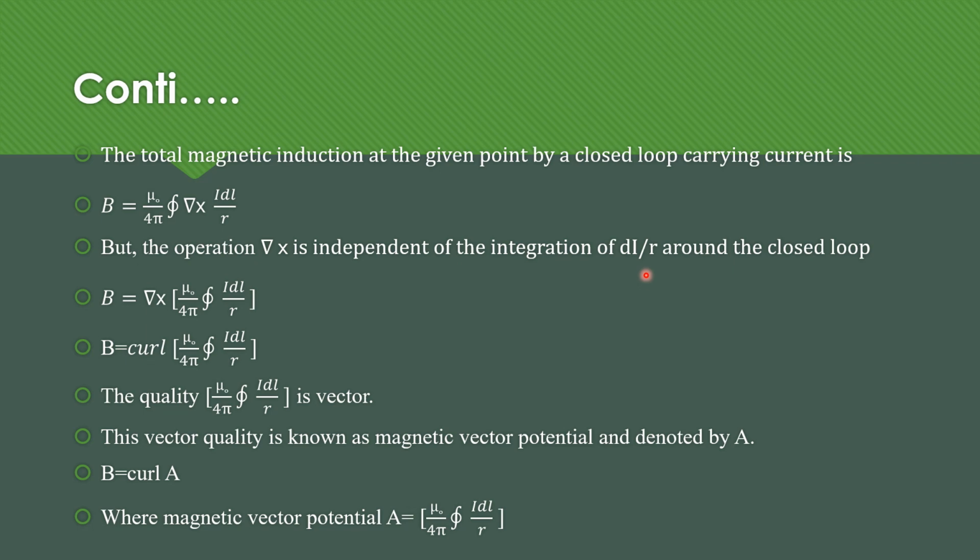So we may write this equation as B is equal to del cross mu 0 by 4 pi closed integral of I dL by R.